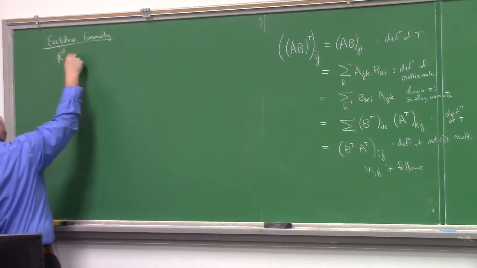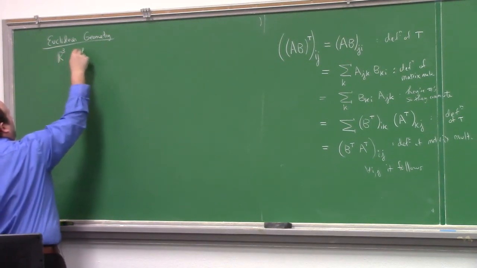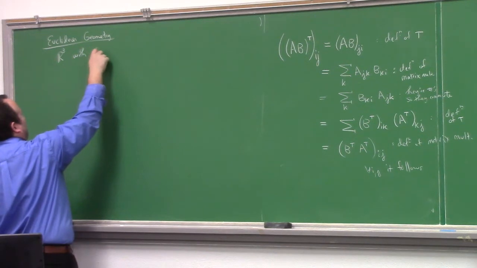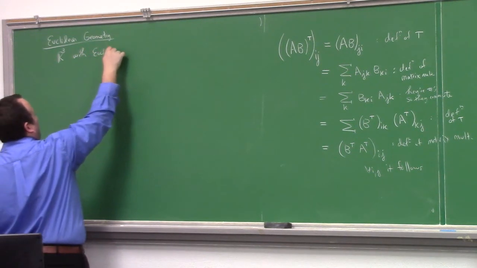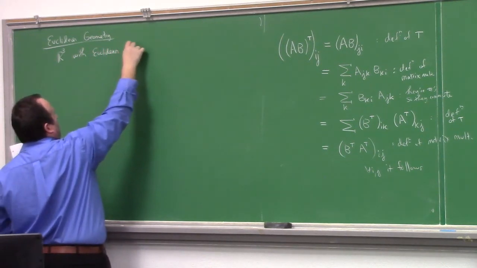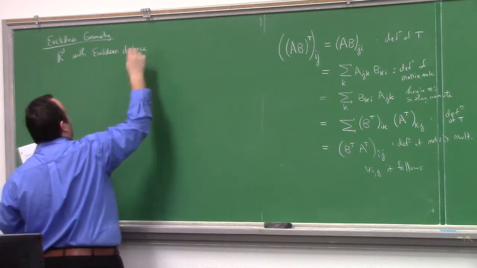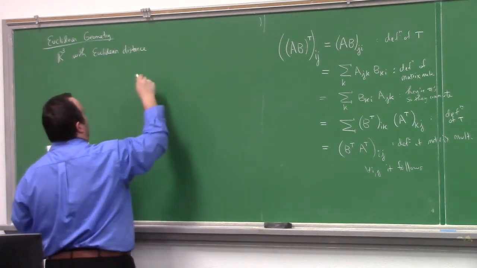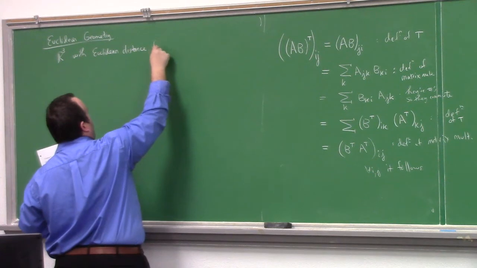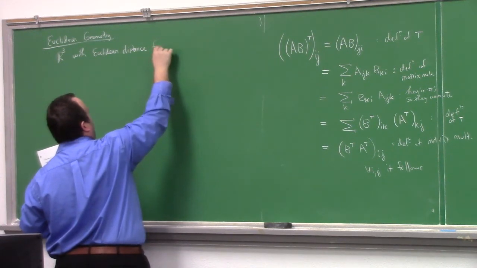So R3 with Euclidean distance forms Euclidean geometry, essentially.